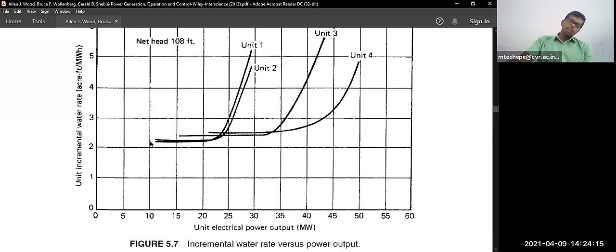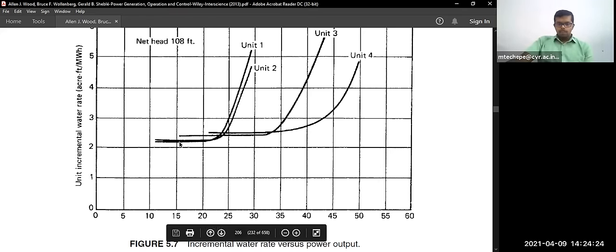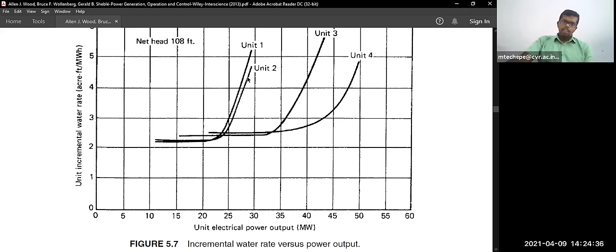If you see this graph, this curve is gradual. Initially it is up to, say, 10 to 25 megawatt, that is around 15 megawatt. It is gradually increasing, again increasing, and it goes based on the discharge. Here also the second unit. Here it is increasing at a constant level. After that, it is maintained.